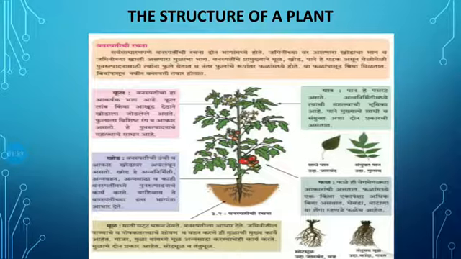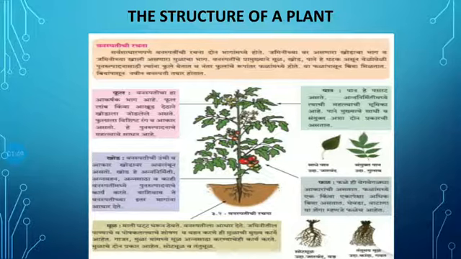The root, stem and leaves are the main parts of a plant. From time to time, plants bear flowers for reproduction. Flowers are transformed into fruits. Fruits have seeds. Seed gives rise to a new plant. See, this is the information about the structure of a plant.